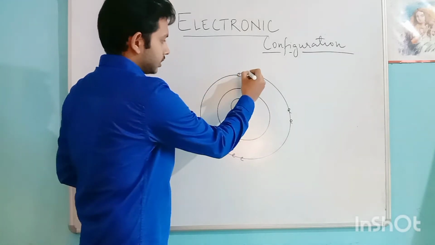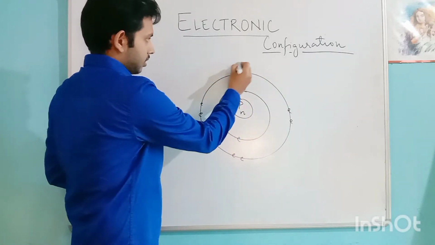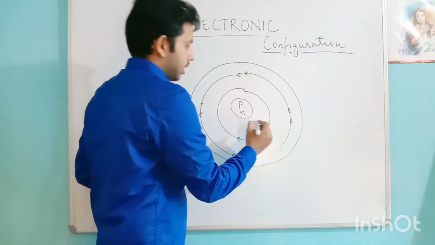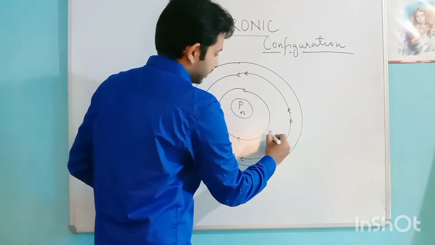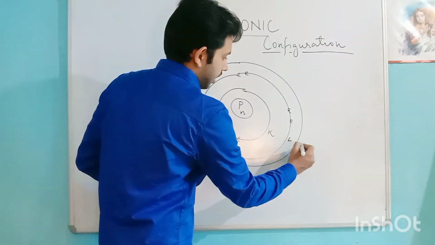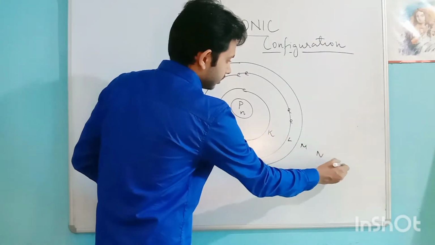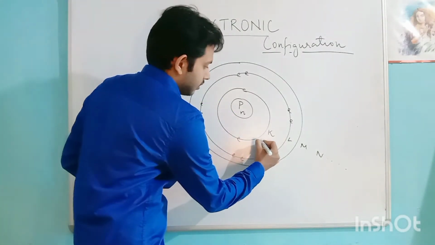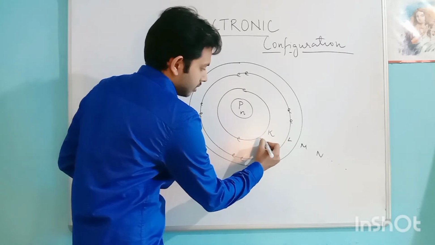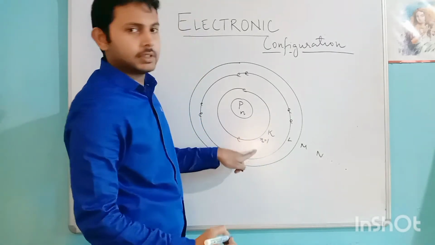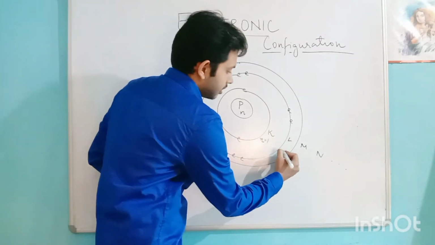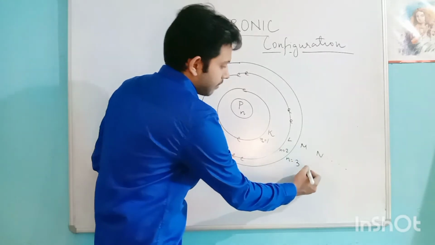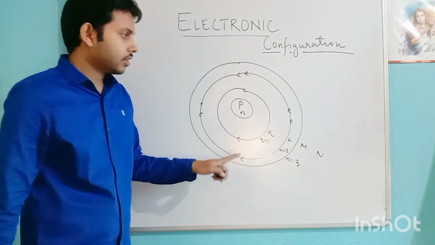There can be even more cells, and these cells have some names which are denoted by the letters K, L, M, N, and so on. And these have a value which we represent by n. n is 1 for the K cell. Sometimes it is called the principal quantum number. n equal to 2 for L cell, n equal to 3 for M, and so on.